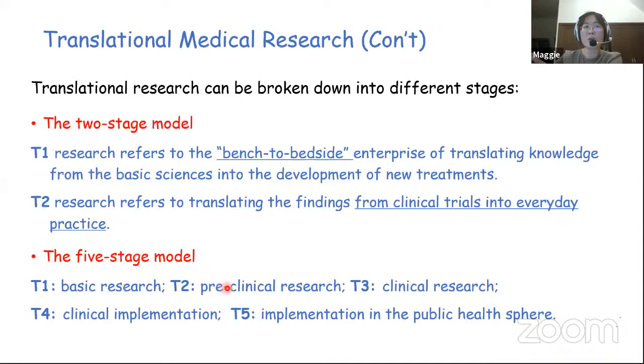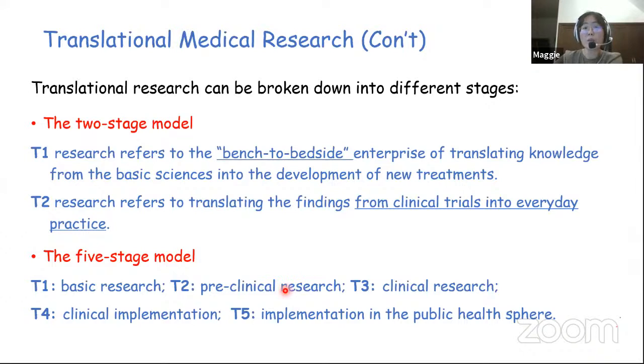The T2 stage evaluates whether the compound will work in human beings. For example, what about the pharmacodynamics of this compound? Are they toxic? Are they safe for use in human beings? And for the big animal model, for example, moving from mice to primates, are they still working? So this is the preclinical research.